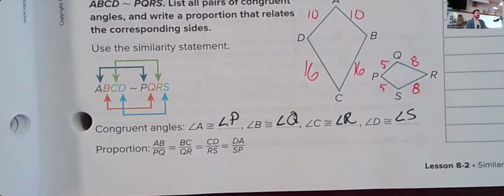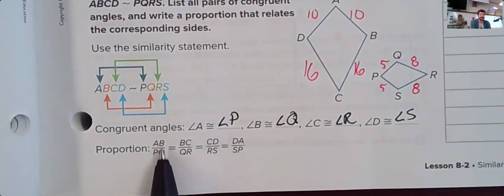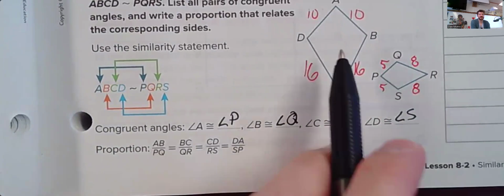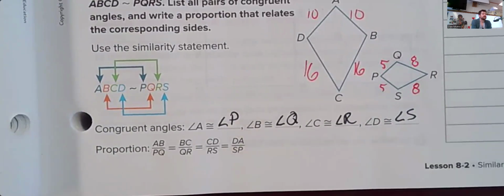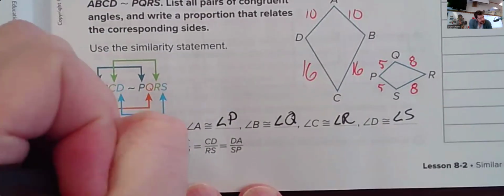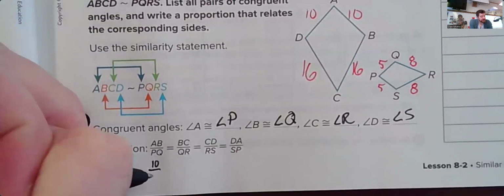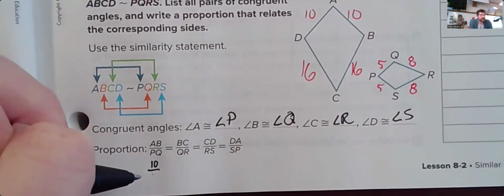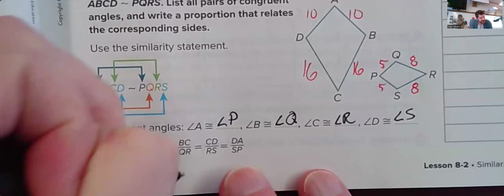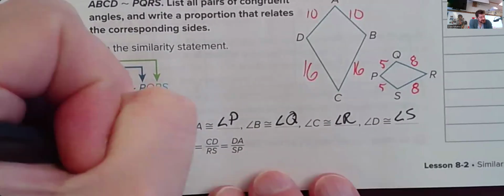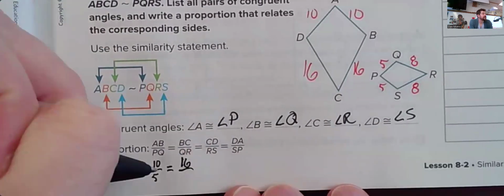So if you think about how these numbers relate, what we're saying here is if we actually use the numbers down here instead of the names of the sides, what's the length of AB that we just said here? Yeah, 10. Okay. So that'll be 10 over, what's the length of PQ? 5, okay, equals BC, which is 16, over QR, which would be what?